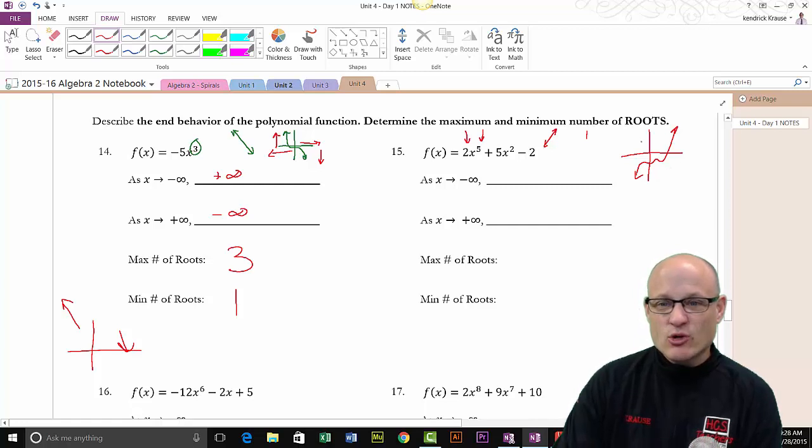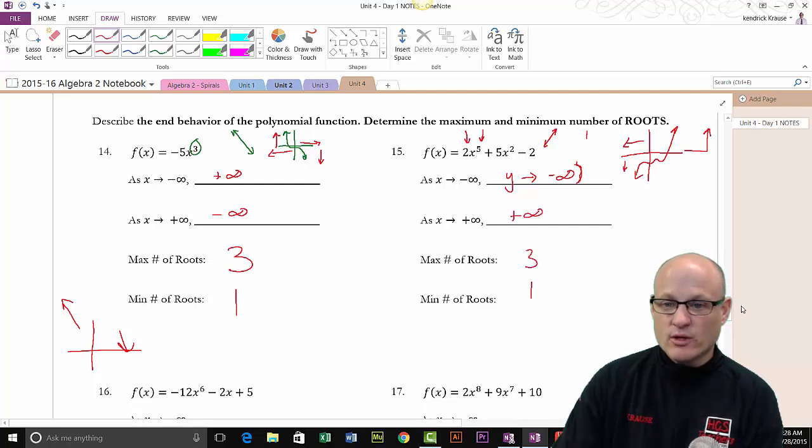So as x goes towards negative infinity, y goes towards negative infinity. And as x goes towards positive infinity, y goes towards positive infinity. But again, the maximum number of roots is 3 and the minimum is 1.